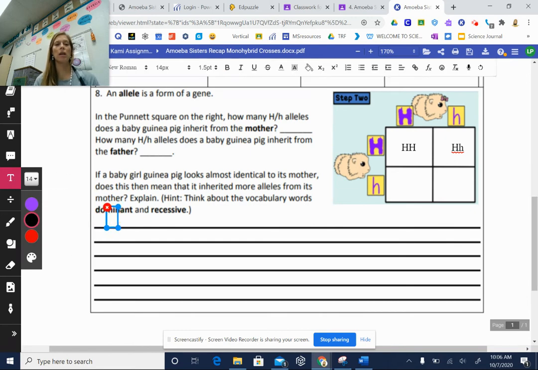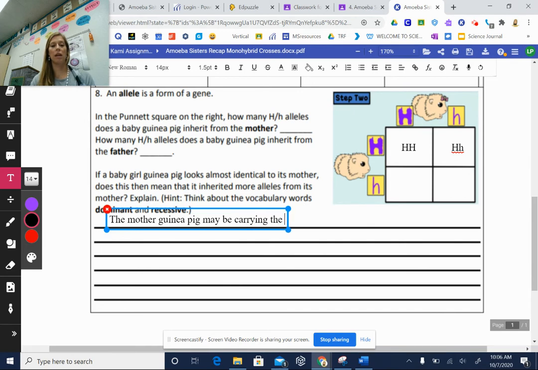The reason that the baby girl may not look like dad is because the mother guinea pig may be carrying the dominant gene while the father guinea pig is carrying the recessive gene.